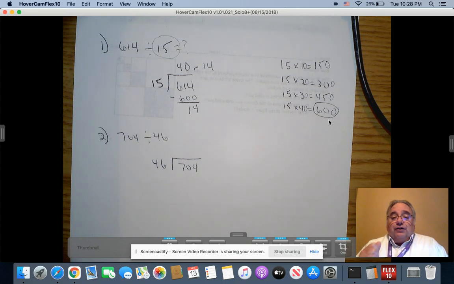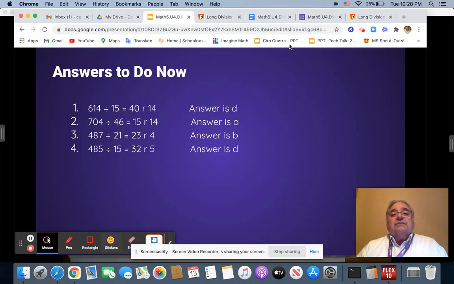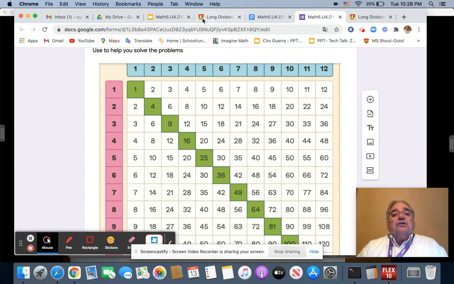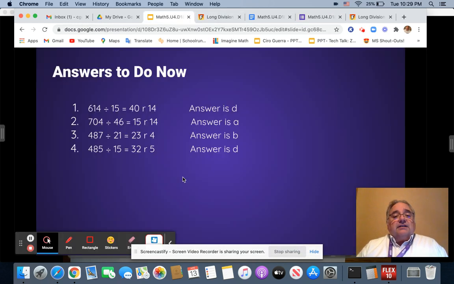If not, for your exit ticket, I have one in there. It looks similar to this here. This is what it's going to look like, and you're going to be able to use it. Let's get back to here.